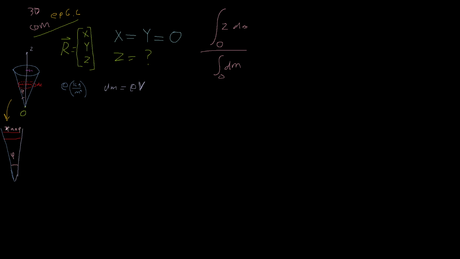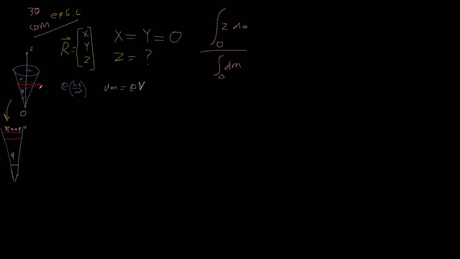If you don't know why that's Z tan phi, watch the previous video, where we have a very similar situation. We found that this length is x tan theta, so this is going to be Z tan phi. Except this is a disk, so this is the radius of our disk, little r.